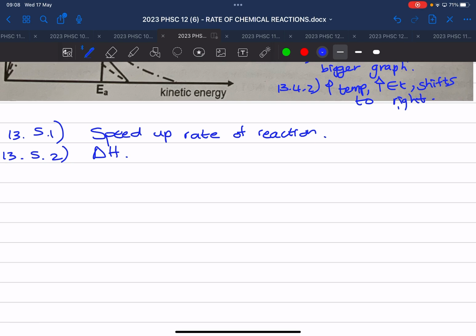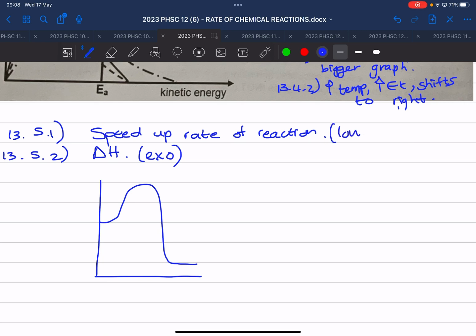Now, this reaction is an exothermic reaction. So let's say the reaction would have looked like that. Okay, normally. So if you draw an endo-exothermic graph, this is an exothermic graph. Okay, if you use a catalyst, what does a catalyst do? It speeds up the reaction by doing what? By lowering the activation energy.